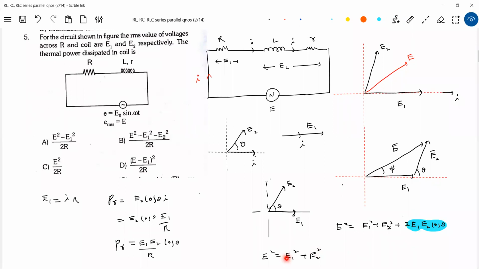But the angle between them is theta. Sir, how come E1? The angle of current, I'm using zero phase, so E1 should also have zero phase. Substitute this cos theta, solve it, and you get the power dissipated. So you must be very careful about the vector addition there. This will be the option, solve it.